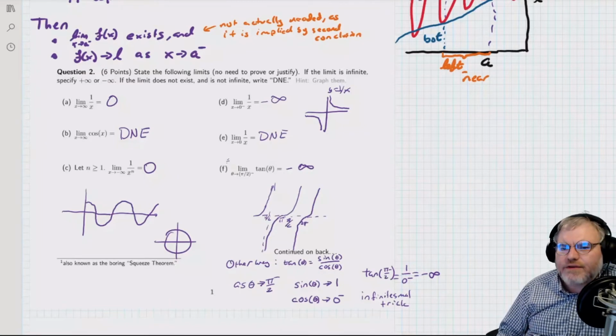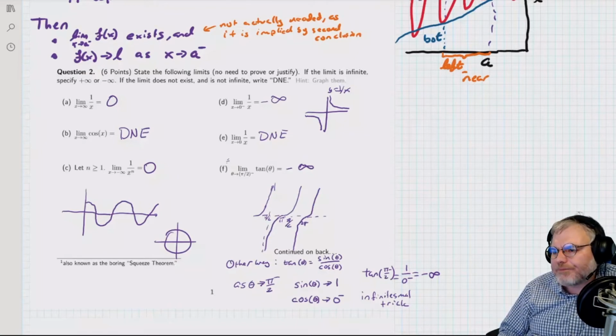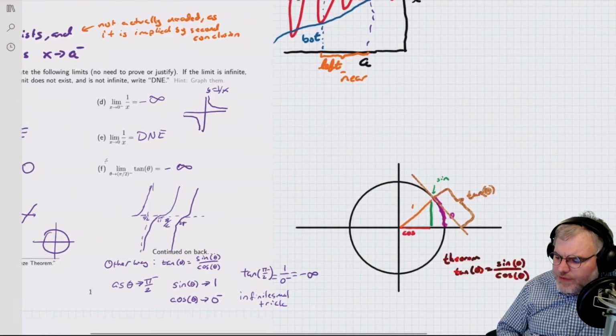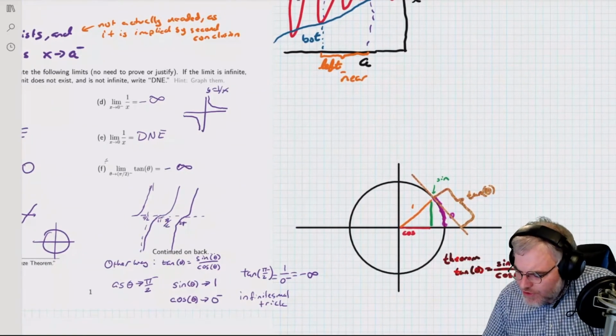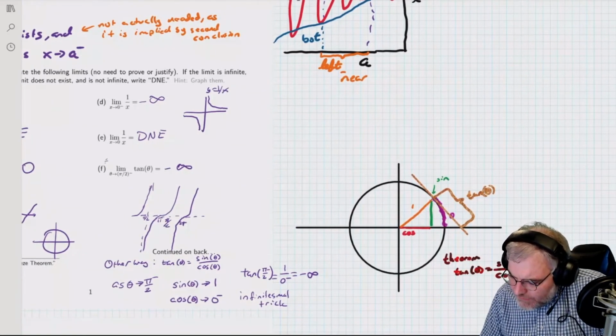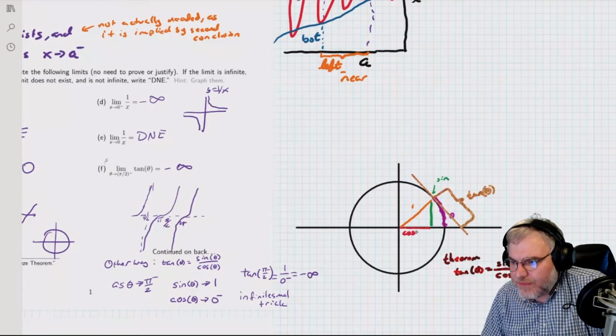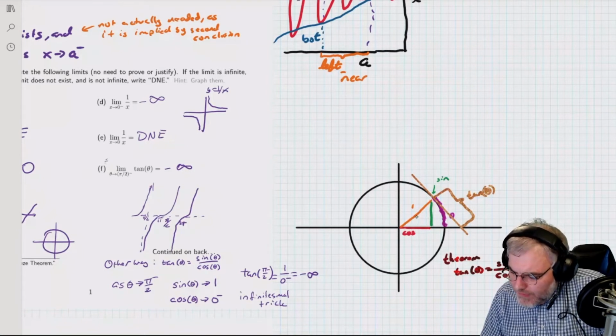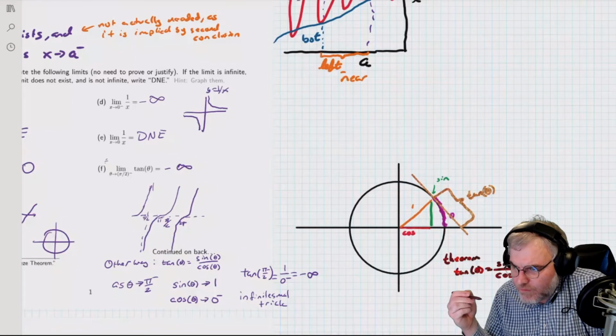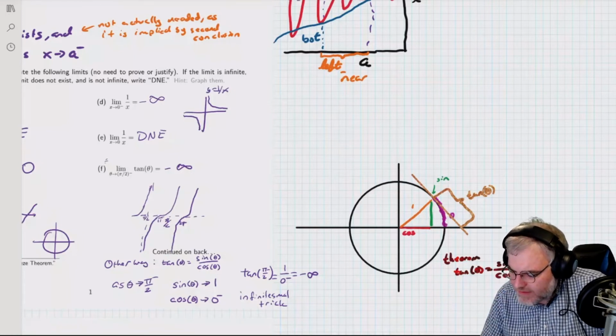The other way to do this is to think about what else tangent is. If I throw out a unit circle, this is the hypotenuse, which is always 1, the radius.